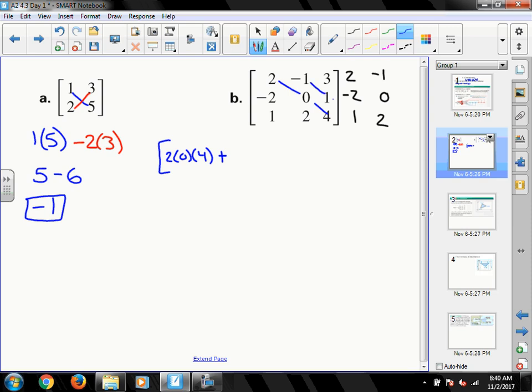I'm going to go -1 times 1 times 1, plus 3 times -2 times 2. And I'm out of sets of 3 diagonals to multiply, so I'm done there. I've done those 3 diagonals. So if you have a 3x3, you need 3 diagonals.